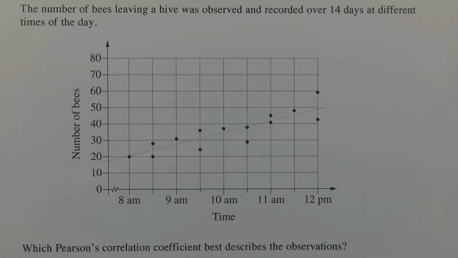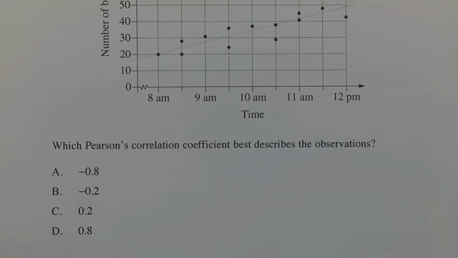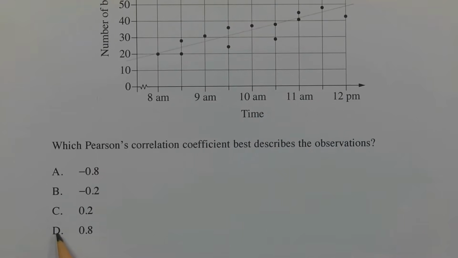So we have a strong positive correlation between the number of bees and the time of day as indicated by this line of fit and the closeness of the points to this line of fit. Looking at the responses, the best response will be option D, 0.8.